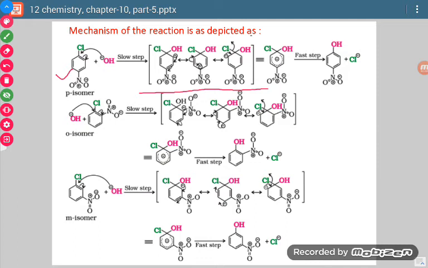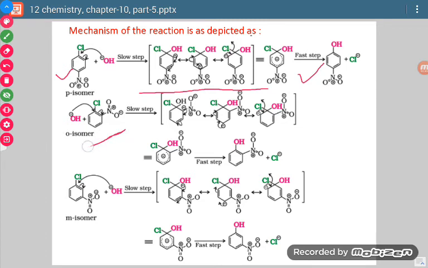Since there is negative charge on the carbon with which the NO2 group is attached, it stabilizes the formation of resonating structures. In case of para, the position where negative charge is present, the NO2 group is also attached.